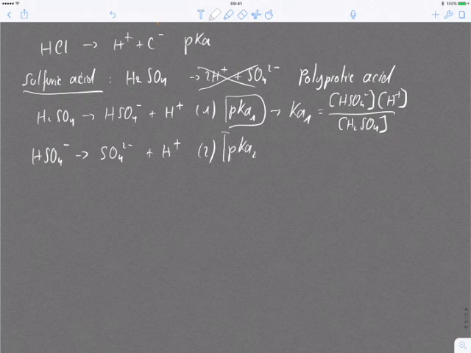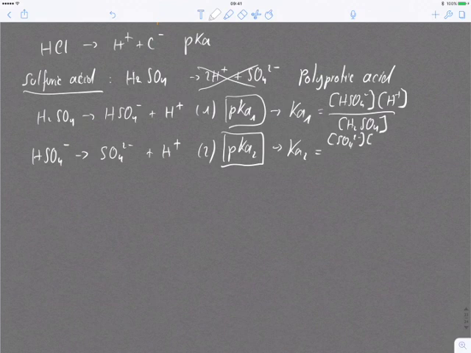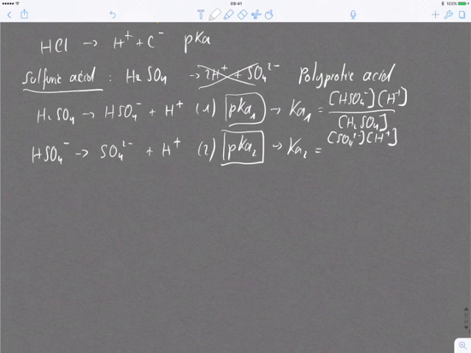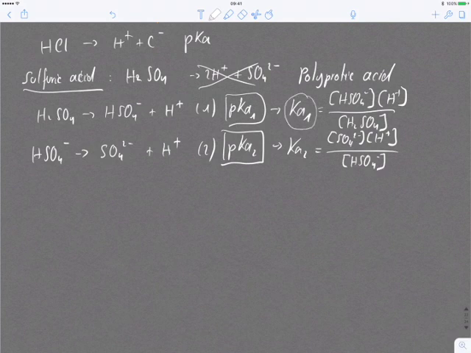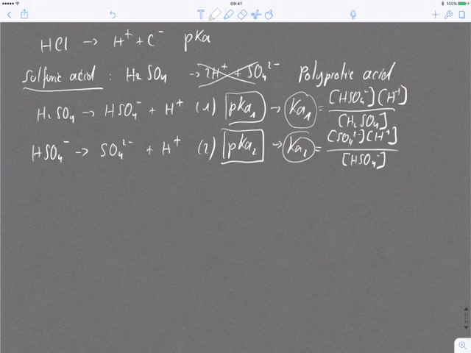We call that pKa2, with a Ka2 equal to the concentration of SO4 2 minus, the concentration is getting a bit crowded here, divided by what is going to be the reactant, HSO4 minus. So you understand that this will be higher than that because you dissociate the first proton first. This is for sulfuric acid.